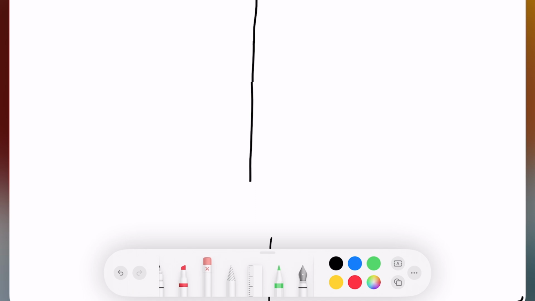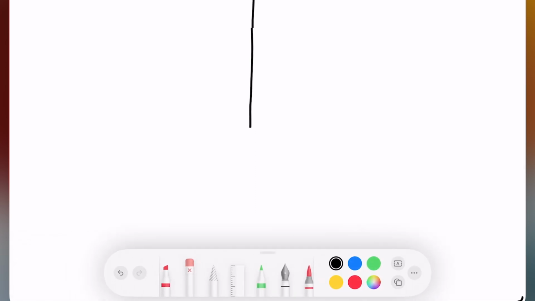So we will start by drawing a line down the center of our page. And if you need to, you shouldn't have to scroll on your sheet of paper, but I'm going to scroll just so that I can have enough space to draw our timeline. That should be enough room for us.